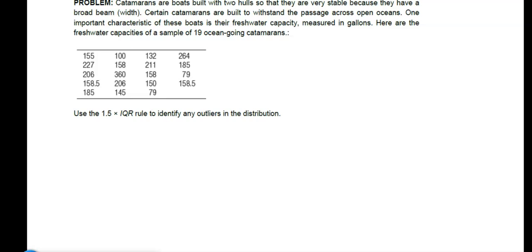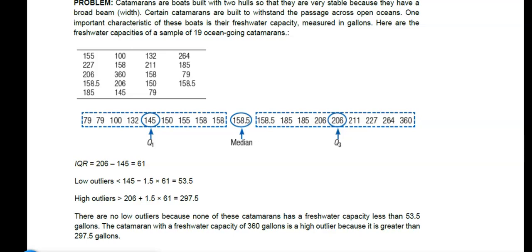So catamarans are boats built with 2 hulls, and they're stable. Here are the freshwater capacities of a sample of 19 ocean-going catamarans. Use the rule to identify if there are any outliers. You first have to do one-variable stats in your calculator, which is what I would do. You already get the Q3 of 206 and the 145 as your Q1. Subtract those 2 numbers to get the IQR, which is 61.